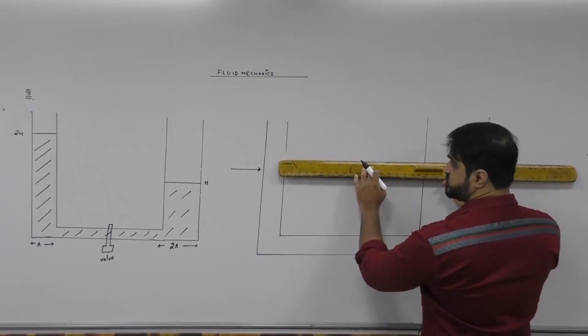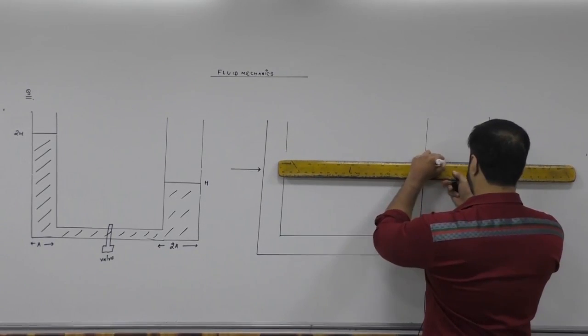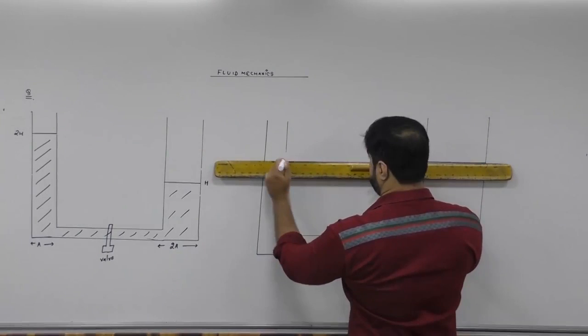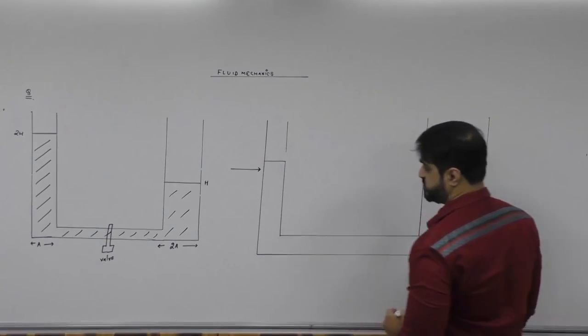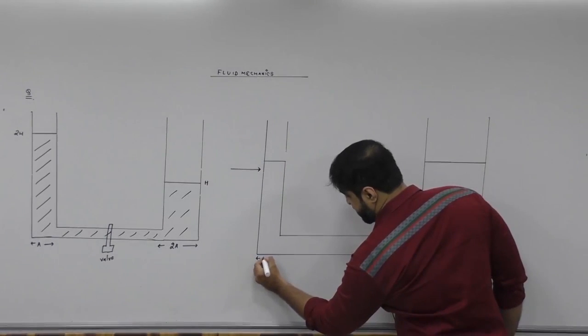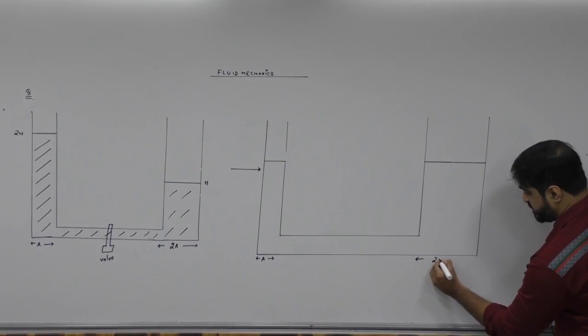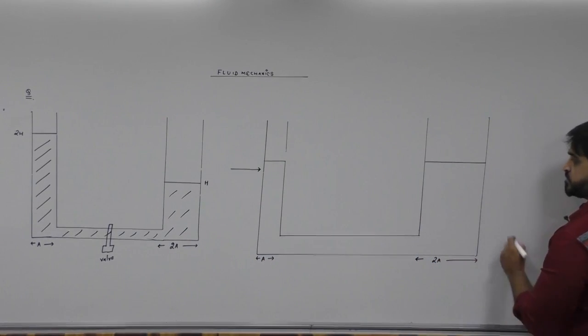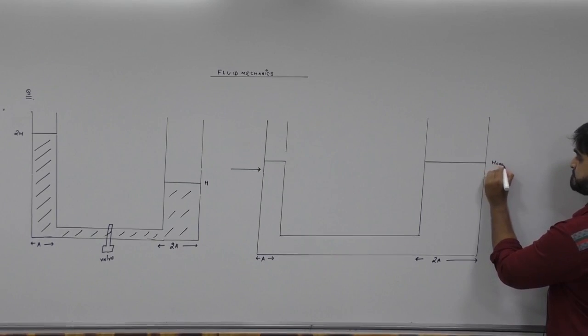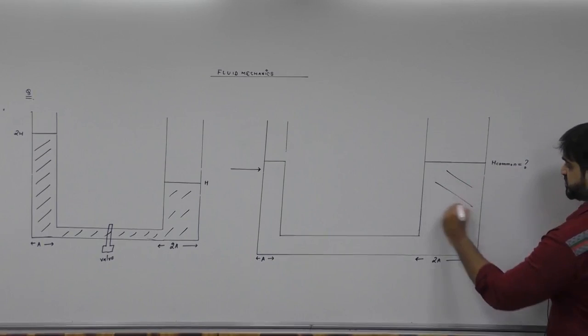So suppose both of them have common height over here. This cross section area is A. This cross section area is 2A. This height is common height, h common. I need to find this.